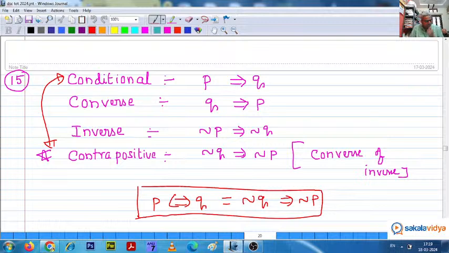In the last session we completed up to conditional, that is simplification. Today we are going to discuss the remaining concepts.